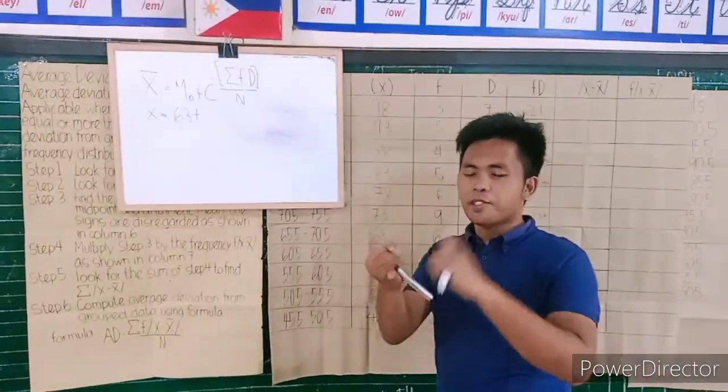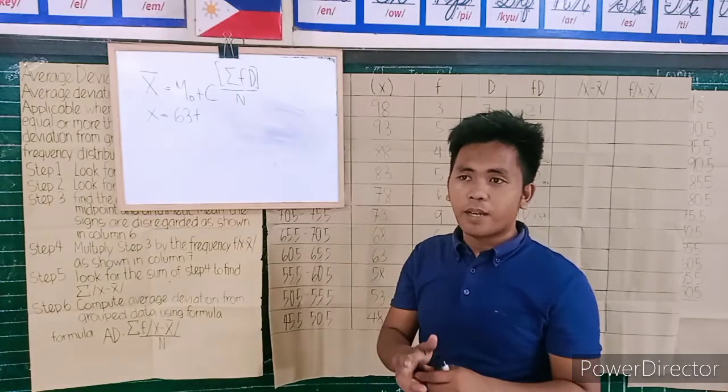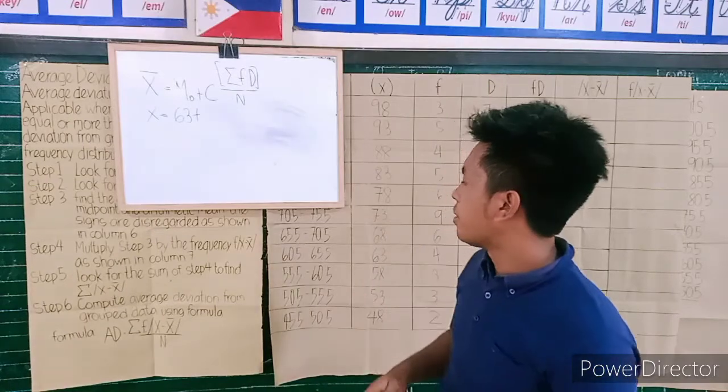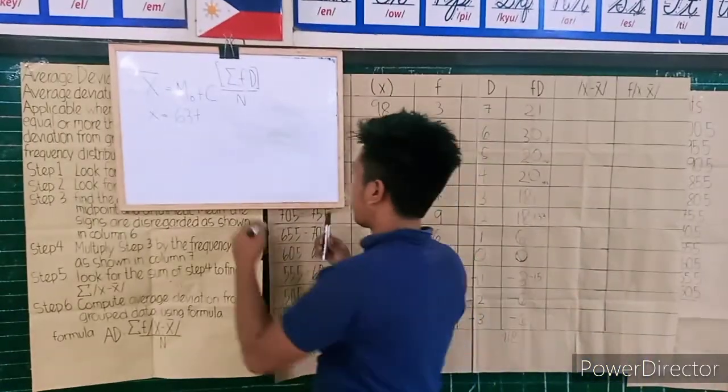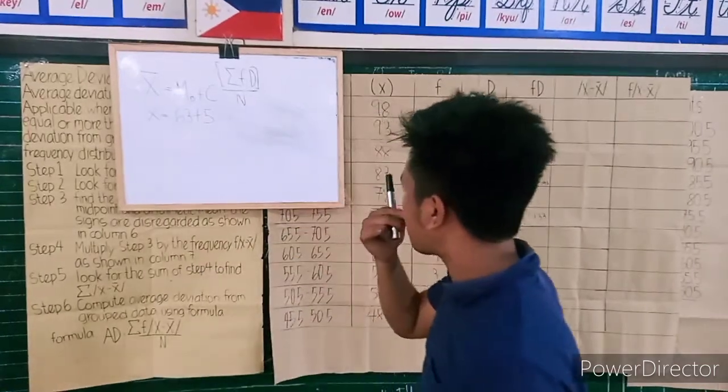55.5, 56.5, 57.5, 58.5, 59.5, and 100.5. So there are 5 points. There are 5 in class interval. So that is how to get the class interval. So 5 class interval.